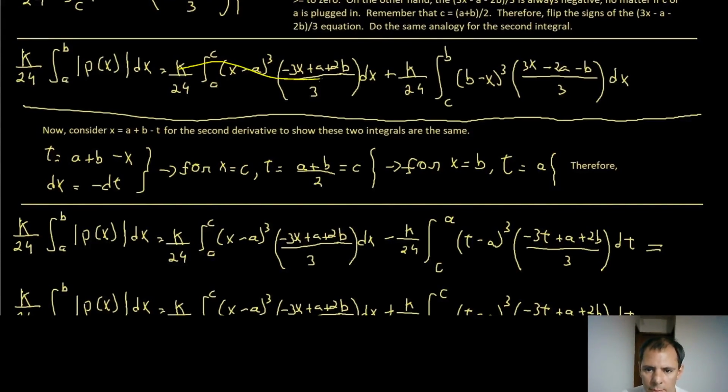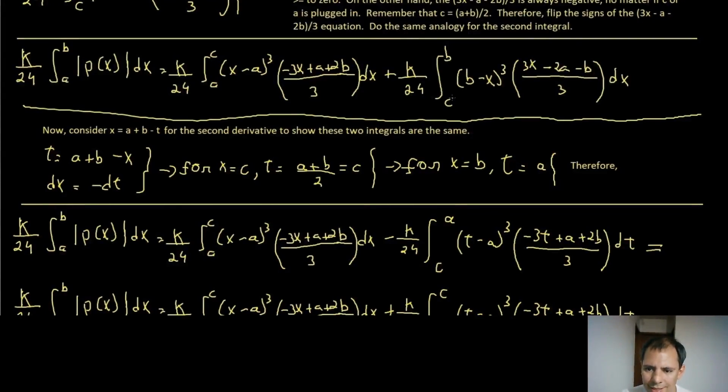This one's still going to be with respect to x, but this one's going to be with respect to t. Why? Because this thing is going from a to c and this one's going from c to b, but he wants to unite these two. So he wants the limits of integration to be the same, right?